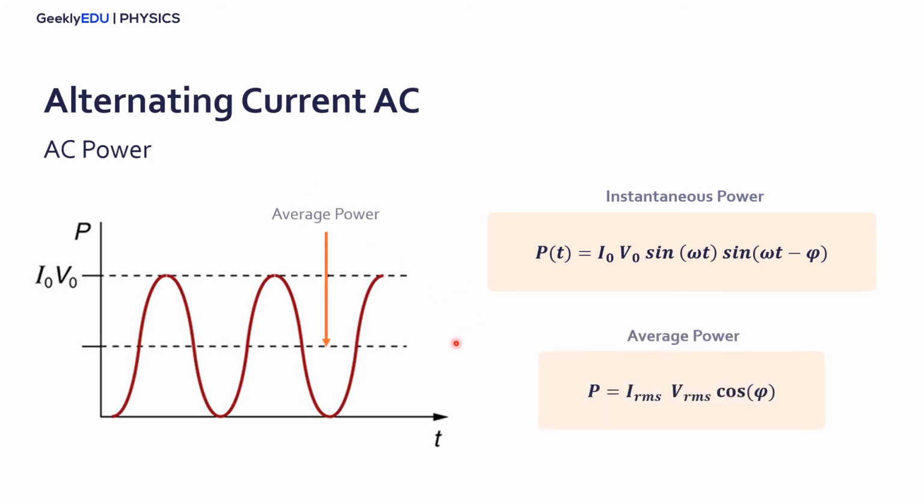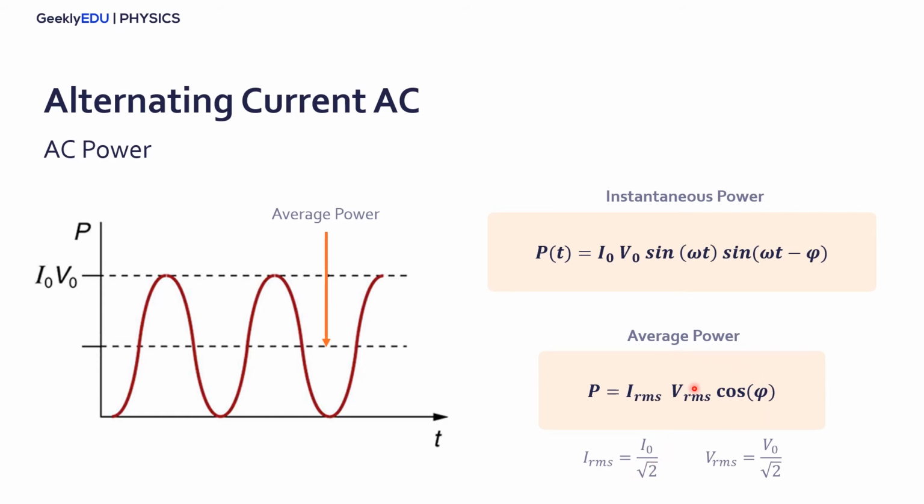We can calculate it using the average voltage and the average current of the circuit. Remember, you can calculate this average using the RMS, the root mean square, of the current and of the voltage, which is the peak divided by the square root of 2.